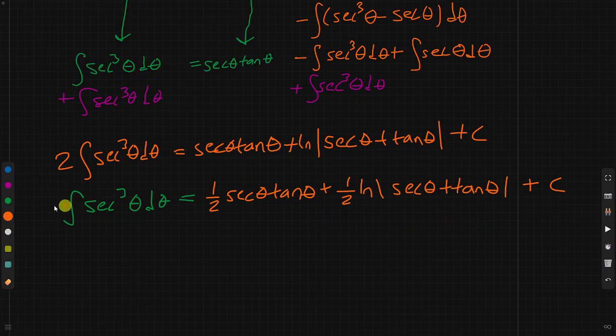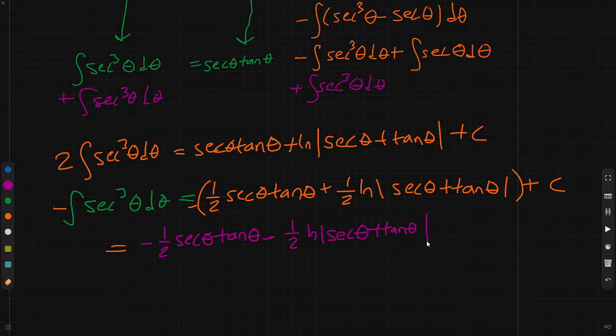We wanted the negative integral, so let's apply a negative to both sides. So now we get negative 1/2 secant theta tangent theta minus 1/2 natural log of the absolute value of secant theta plus tangent theta.